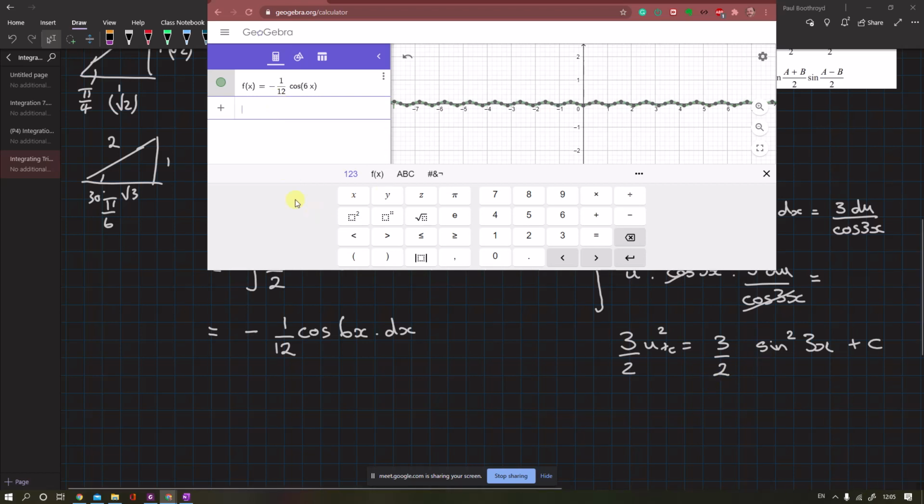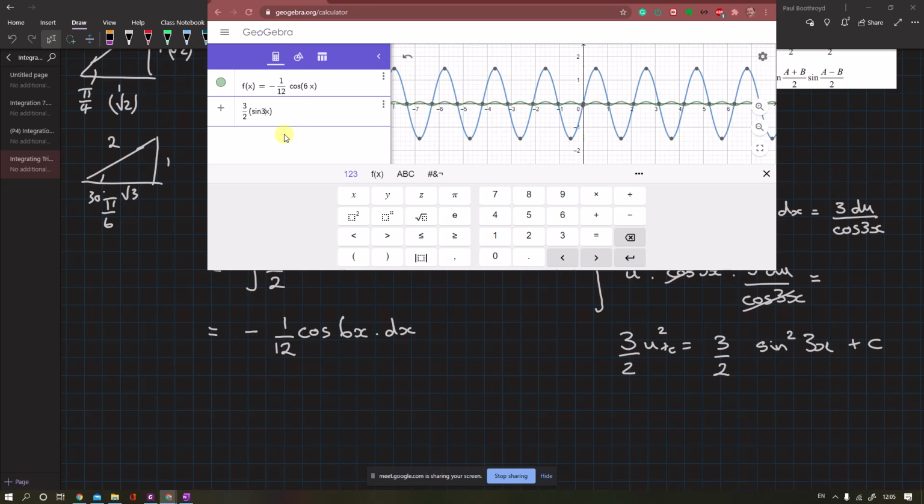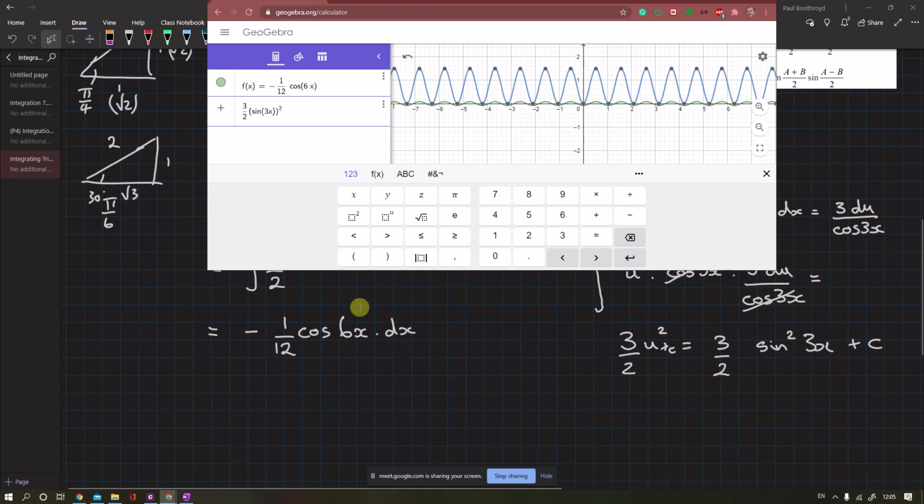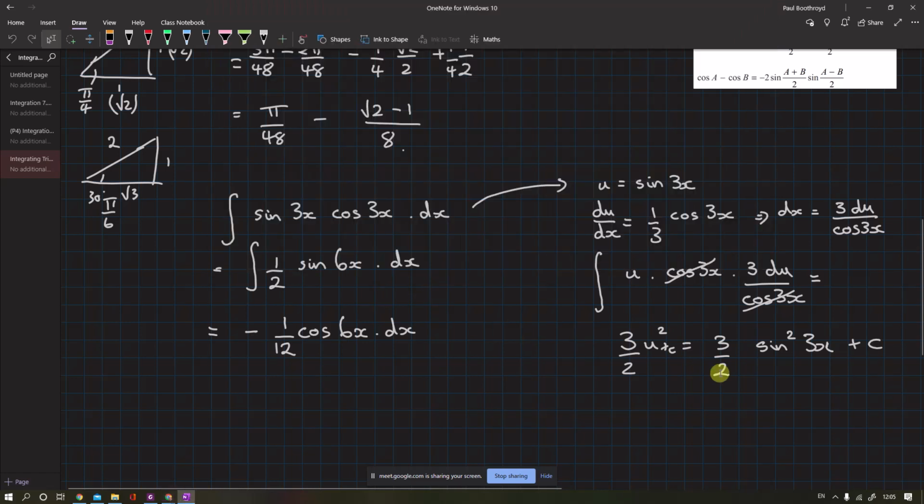And if we put in the other solution, sine 3x again. Doesn't look right yet, but when we do power 2 on it, sine squared.